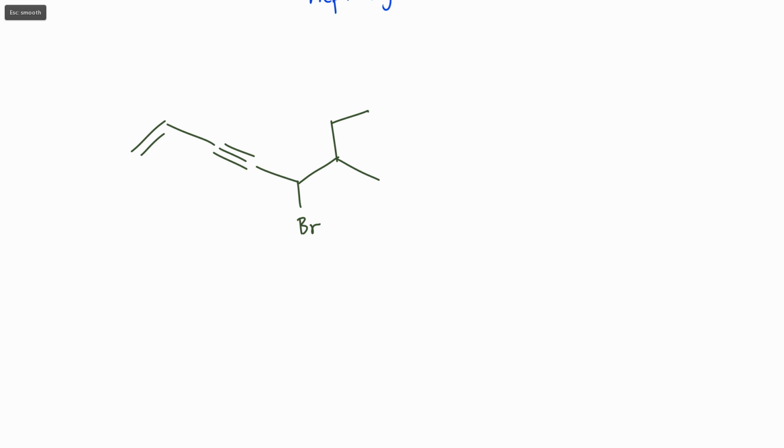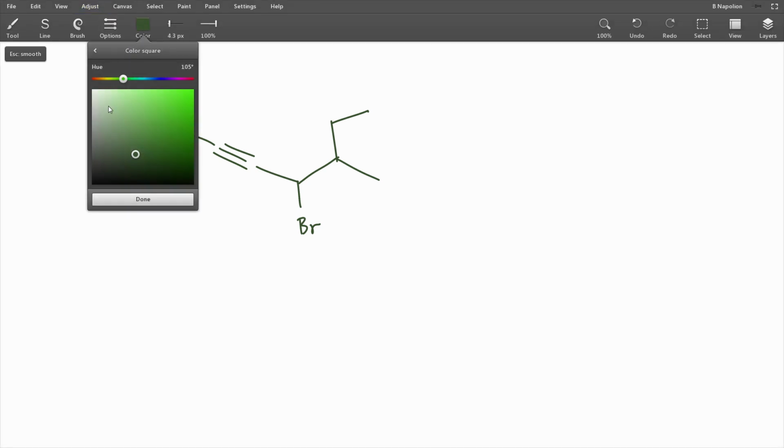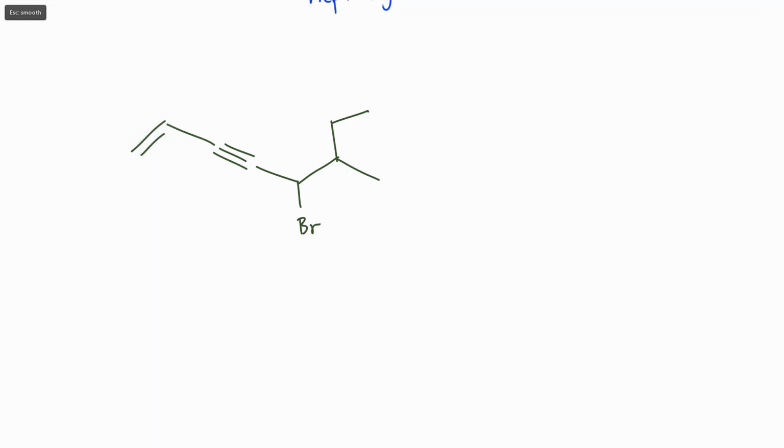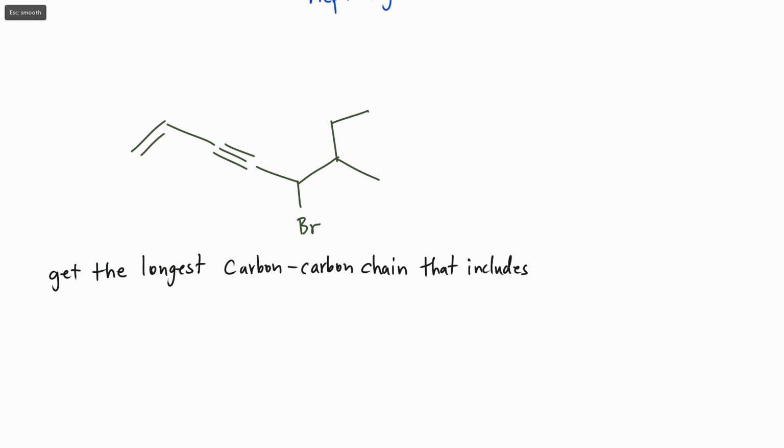Okay. Now, since we have multiple bonds in the chain, and what I mean by multiple bonds, I mean we have a double bond and a triple bond, we need to get the longest carbon chain that includes the double and triple bond.